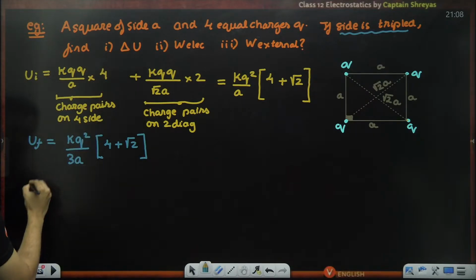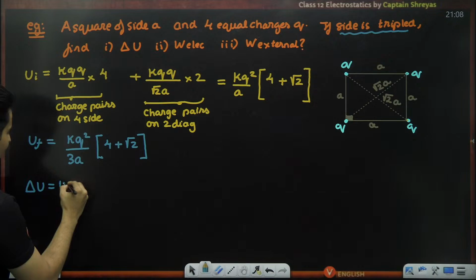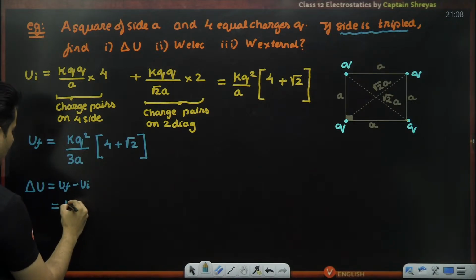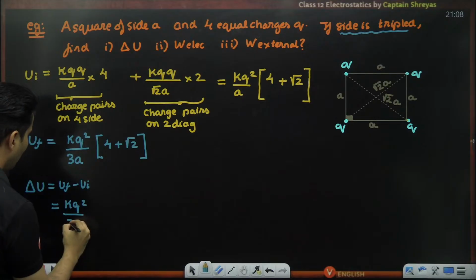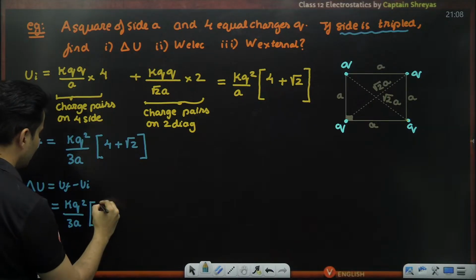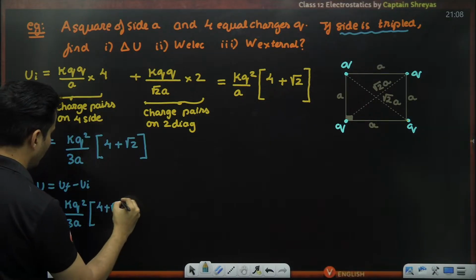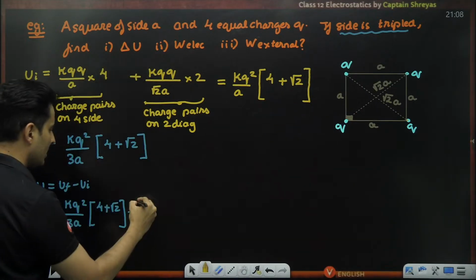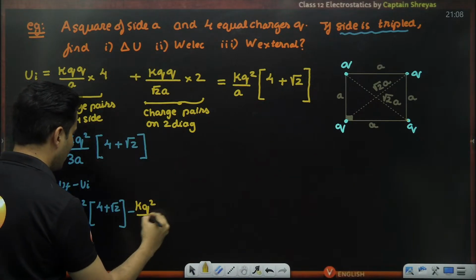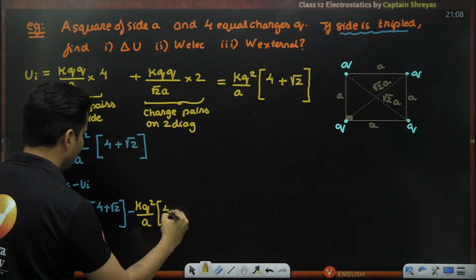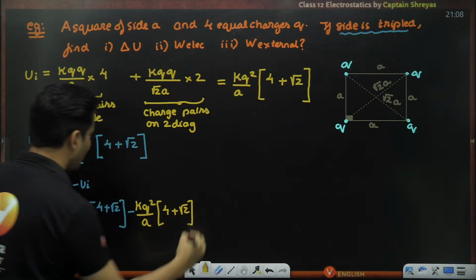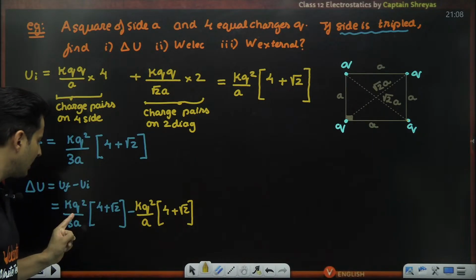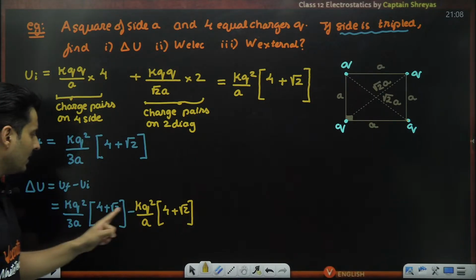First thing, delta U. So delta U will be final minus initial. Final is nothing but KQ square by 3A times 4 plus root 2, minus initial. Initial is KQ square by A times 4 plus root 2. Just look at it, except this 3, all the things are same. So this is 1 by 3 minus 1.